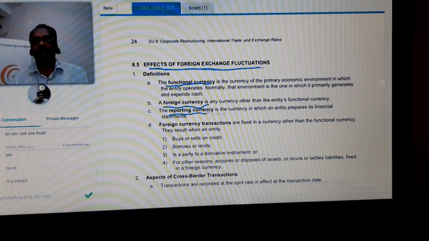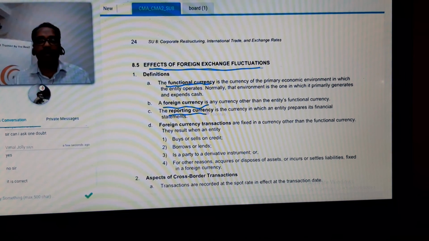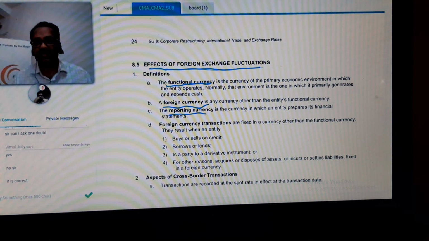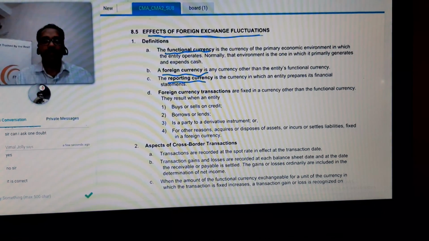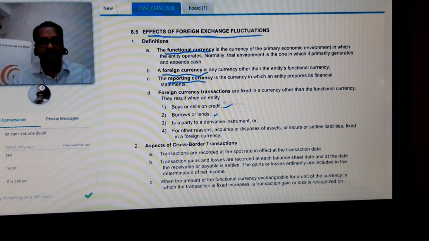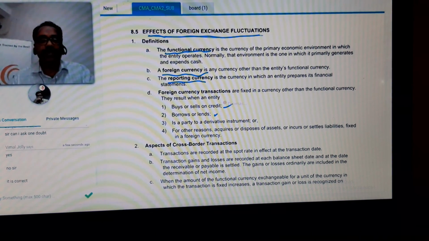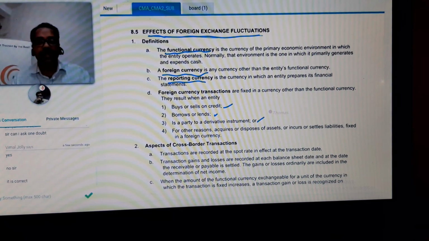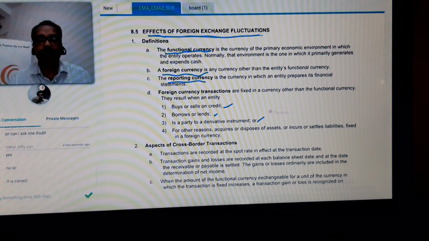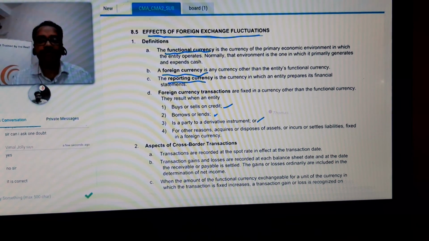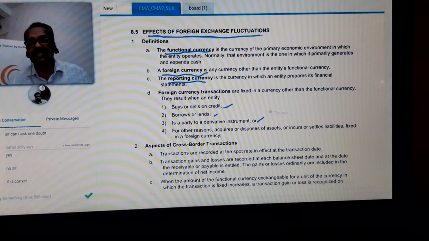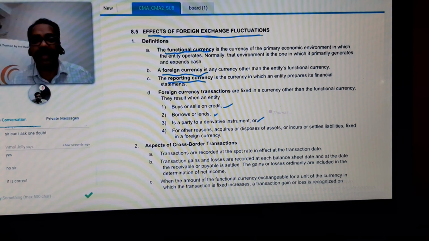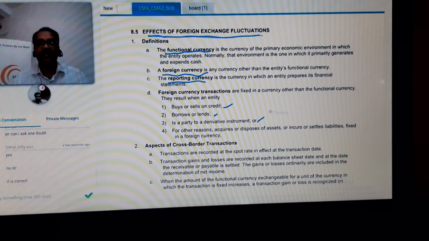Now a company enters into foreign currency transactions. They will buy and sell on credit, borrow, take a loan or give a loan. They may be a party to a derivative instrument, one of the parties. Or for other reasons, acquire or dispose of assets, or incur or settle liabilities fixed in a foreign currency.